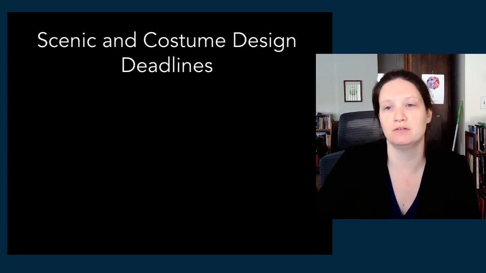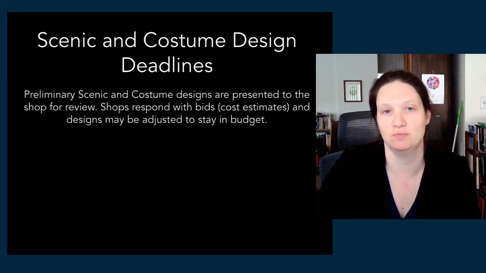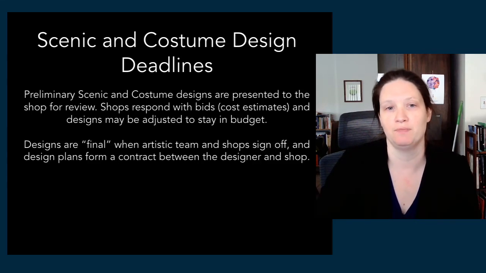The first designs that will be due are typically your scenic and your costume designs. Those preliminary costume and scenic designs are presented to the shop for review, and then the shop responds with a bid, a cost estimate, and then the designs may need to be adjusted to stay in budget.